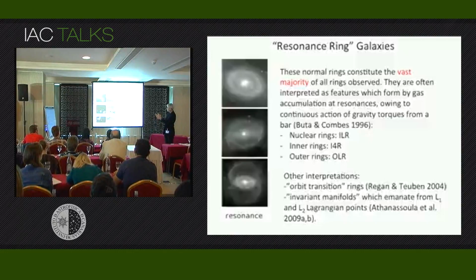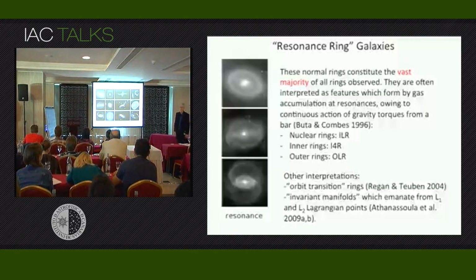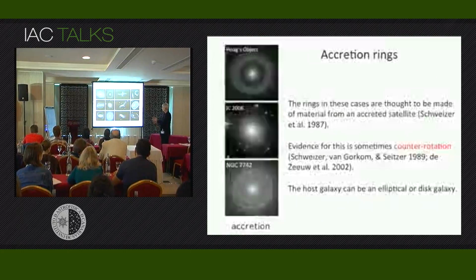And they've also been interpreted in another way: invariant manifolds, orbits or characteristics that come out of the L1 and L2 Lagrangian points, which Lia and her co-workers have investigated in pretty great detail. So when I call these resonance ring galaxies, that is kind of an interpretive morphological term. But these are the vast majority of all rings that you see.